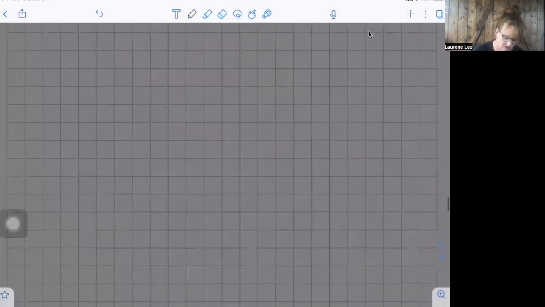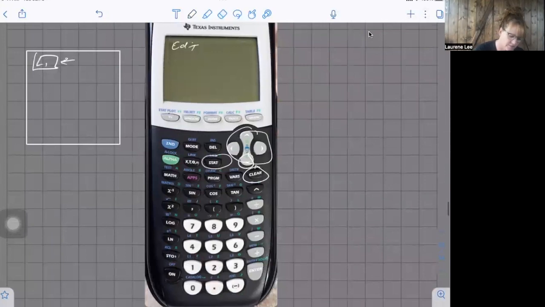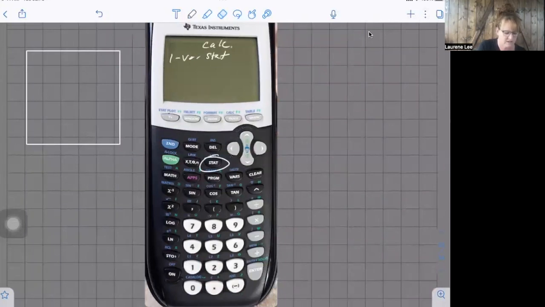If you recall on a TI, you're going to go back into and click Stat. But now instead of Edit, you're going to go to Calculate, and you're going to hit 1 var stat. And when it clicks you over to the home page, you're going to tell it that you want list 1 for your 1 var stat.